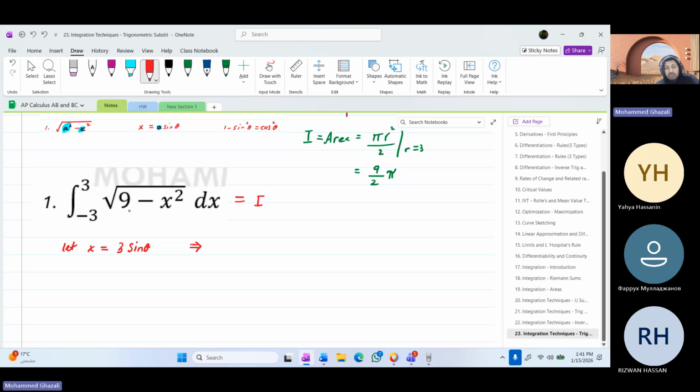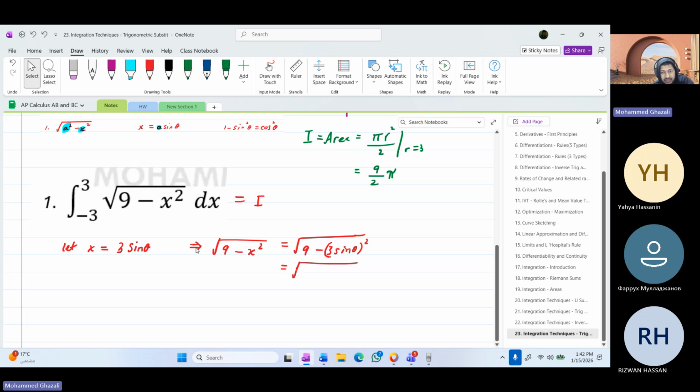If we have to simplify the square root of 9 minus x squared, we need to say the square root of 9 minus x squared is equal to the square root of 9 minus, what is x? 3 sine theta, squared.